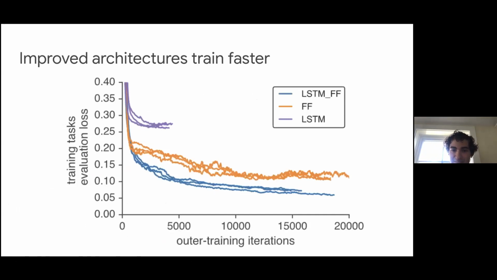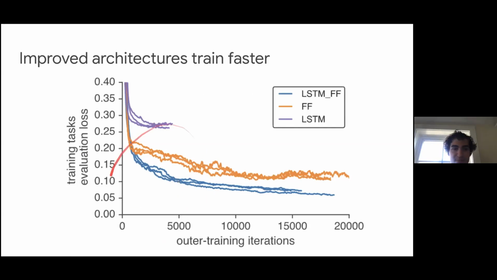Unsurprisingly, because this is in these slides, we can see improvements from this new optimizer. In purple, this is the original work, the LSTM-based optimizer. In orange, I have the per parameter MLP. And in blue, I have this new hierarchical model.